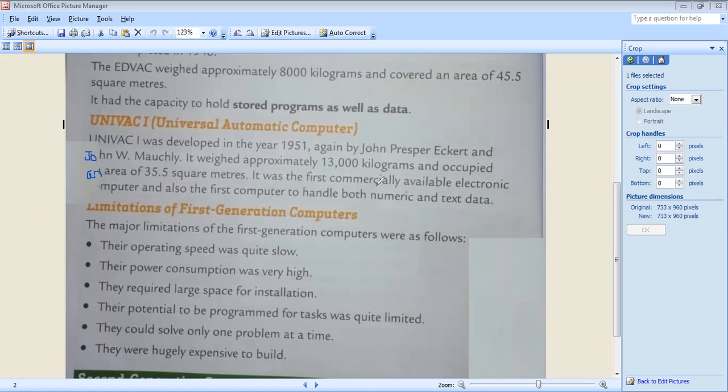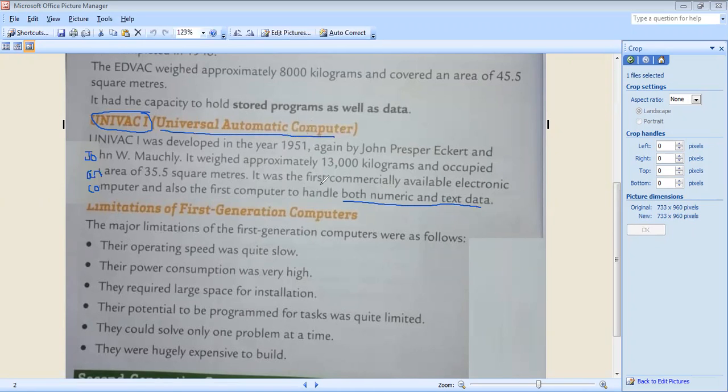It was the first commercially available electronic computer and also the first computer to handle both numeric and text data. The full form of UNIVAC 1 is Universal Automatic Computer.